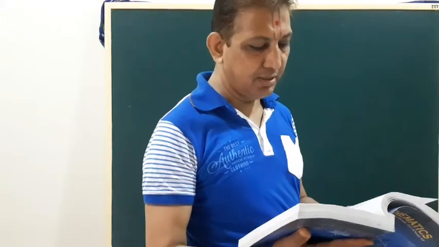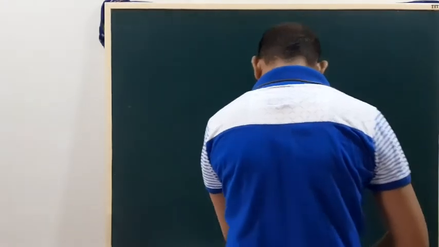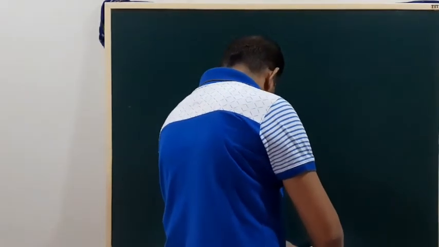Now example 9 is remaining. Examples 10, 11 and exercise 6.2 questions 9 and 10 are completed, right? Now we discuss order-wise. First we discuss example number 9, then after that, exercise 6.2.